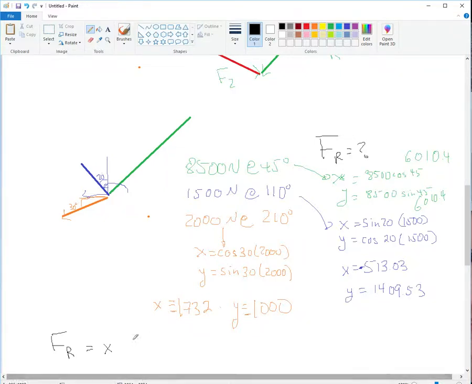That gives us an x value of positive 3765.38. And then the y value is going to be adding up those three. So we have 6010.4 plus 1409.53 minus 1000, and the final answer there is 6419.93.